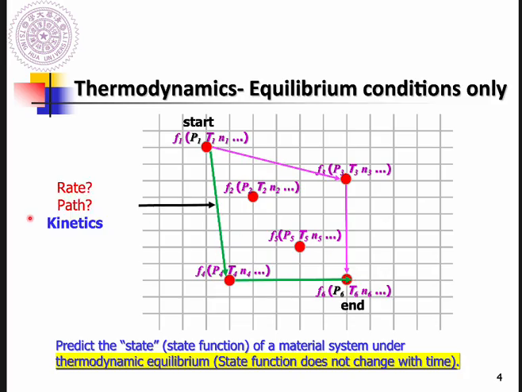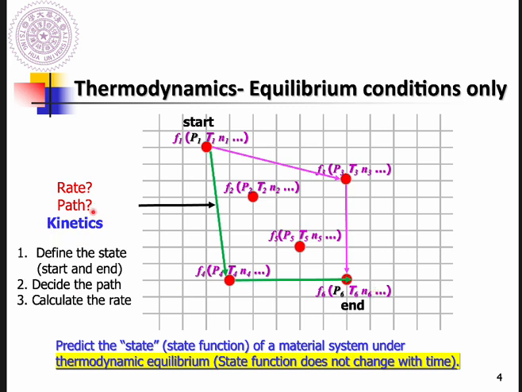So what is kinetics? As long as you choose the starting and ending points defined by thermodynamics, kinetics actually cares about which path you choose, the pink one or the green one, and also the corresponding rate, or how much time it takes when you choose the pink path or the green path. This is what kinetics cares about. So there are 3 standard protocol steps to deal with kinetics.